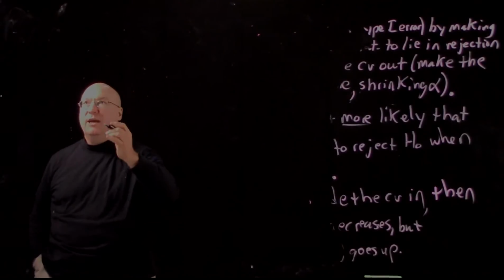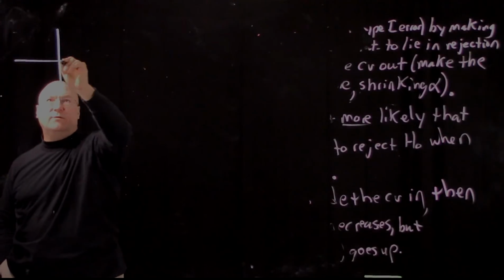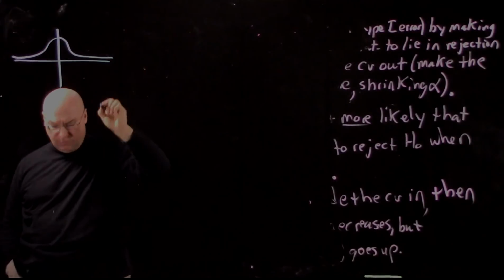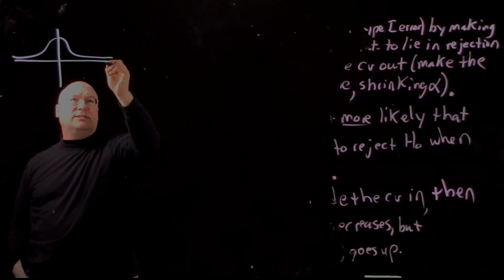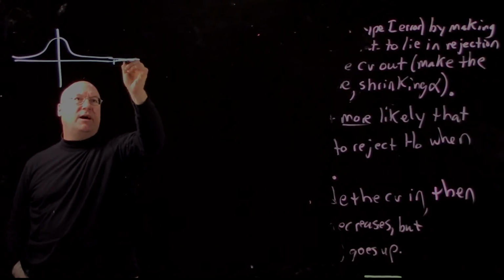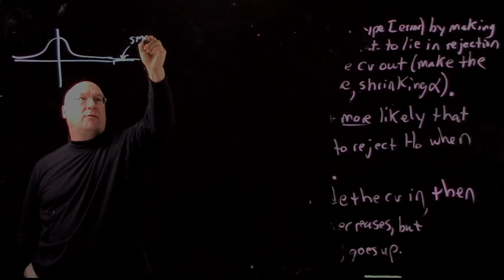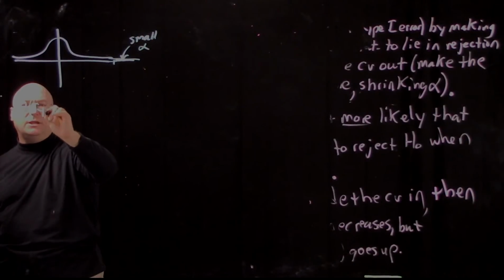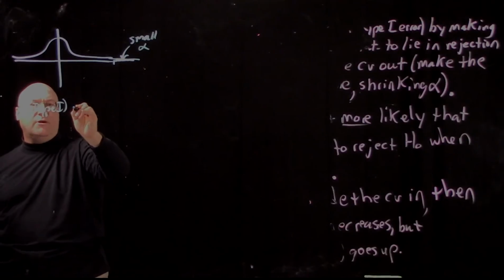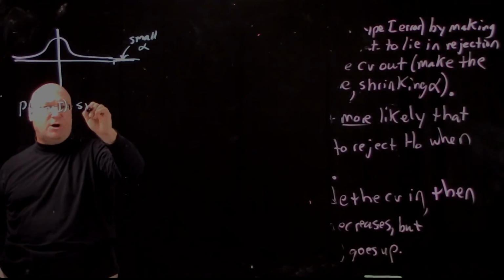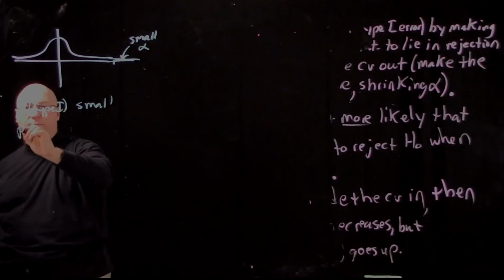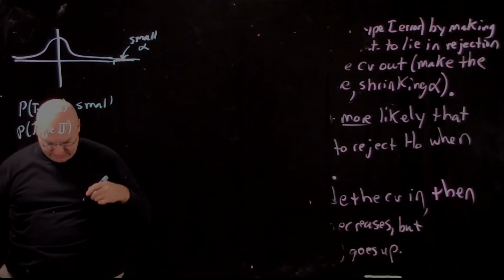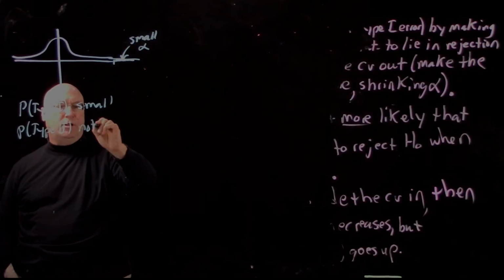And if I draw the picture, this is what I was saying earlier. Suppose we go way out here and we have a small alpha. If you have small alpha, the probability of type 1 error is small. The probability of type 2 error is larger.